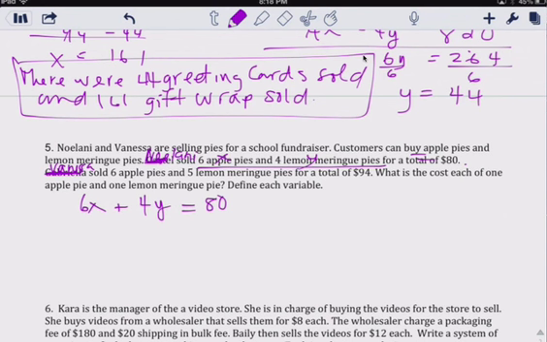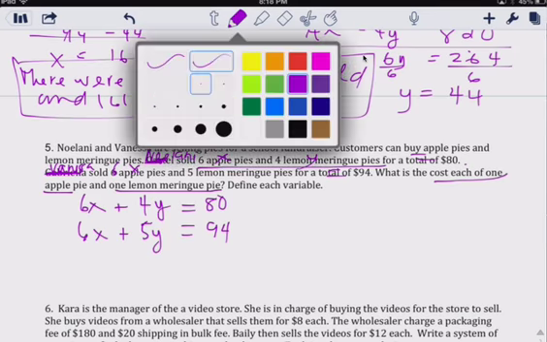And Vanessa sold 6 apple pies plus 5 lemon meringue pies for a total of, total means equal, $94. What is the cost of 1 apple pie and 1 lemon pie? Okay, let's write that down.